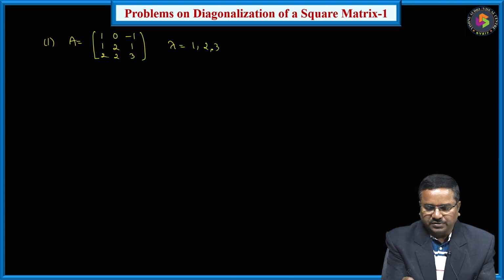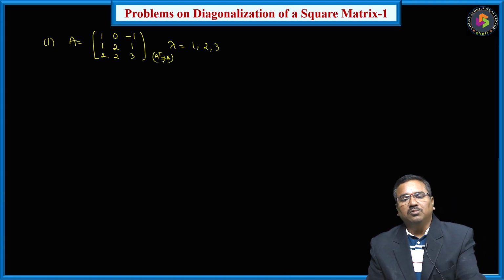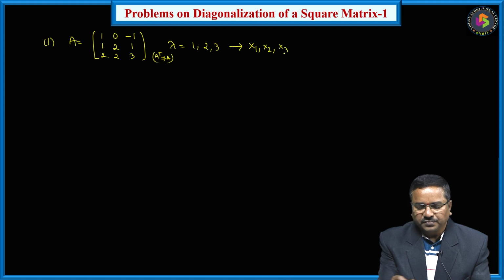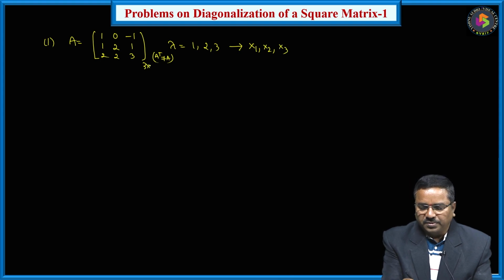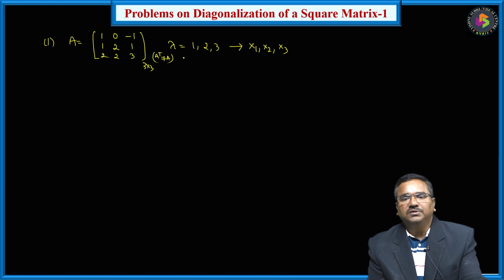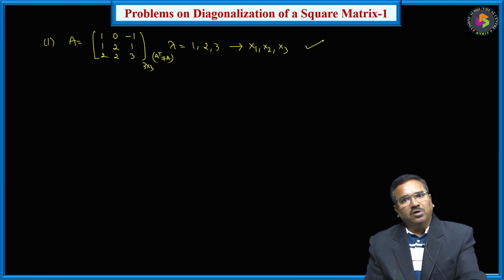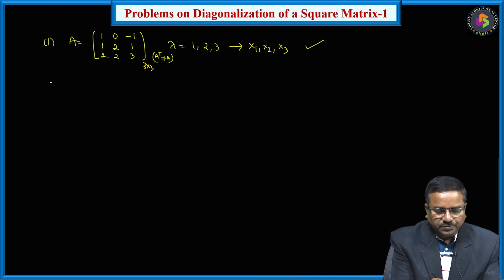If the matrix is non-symmetric, it may or may not be diagonalizable. Compulsorily we have to find the eigenvalues. If eigenvalues are distinct, the number of eigenvectors will equal the order of the matrix. What is the order of the matrix here? 3 by 3, order 3. Therefore, if the eigenvalues are distinct, definitely it is diagonalizable. Already we diagonalized this matrix, but today I am going to concentrate on two more matrices.